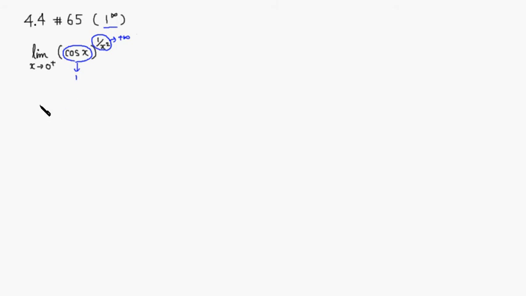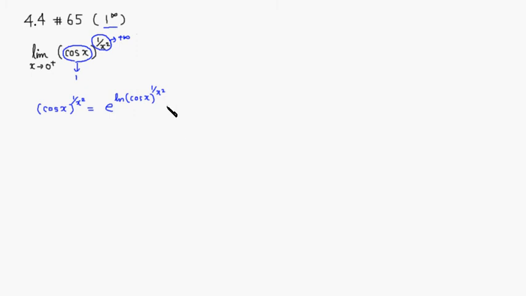We're going to observe that cosine of x to the 1 over x squared can be rewritten as e to the natural log of cosine of x to the 1 over x squared power. Remember that the exponential function and a log function are inverses of each other, so we can cancel them out to go back to this. So these are exactly the same.